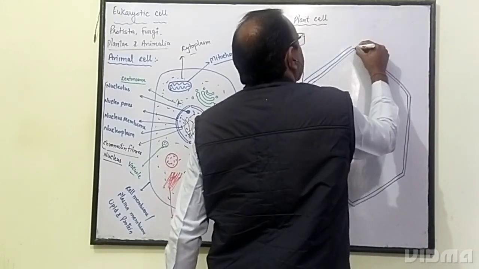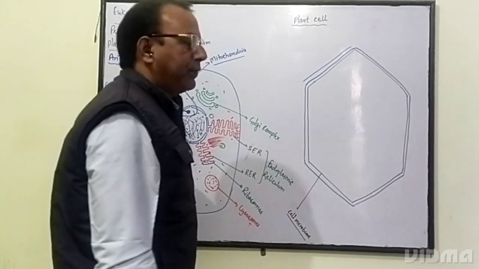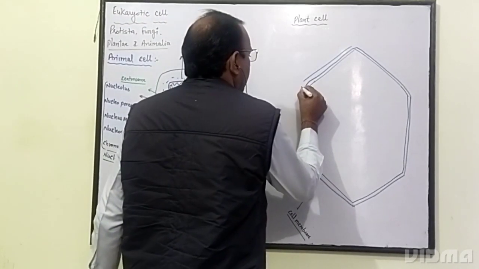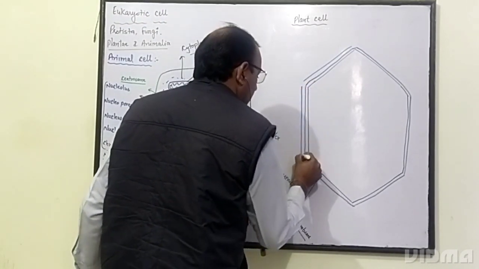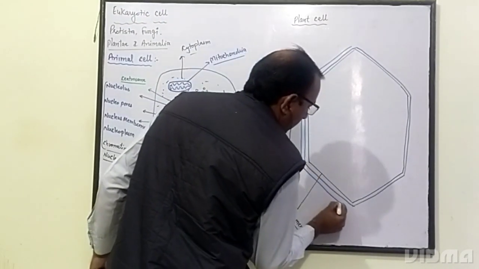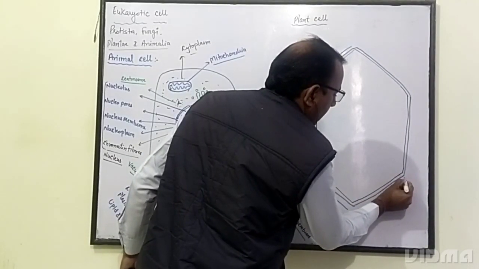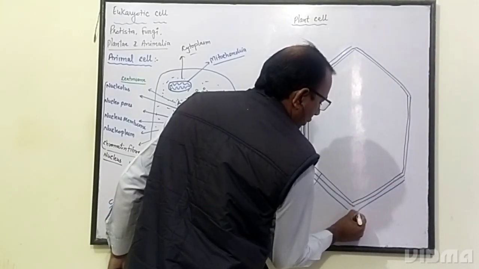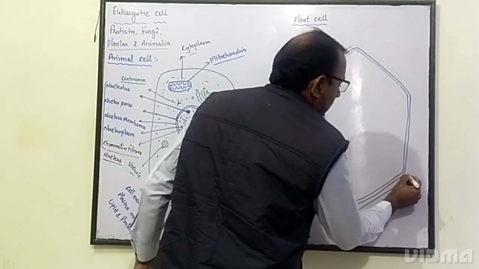In other organisms, this cell wall is made up of different components. This is the cell membrane, the plasma membrane, which makes the cell wall.